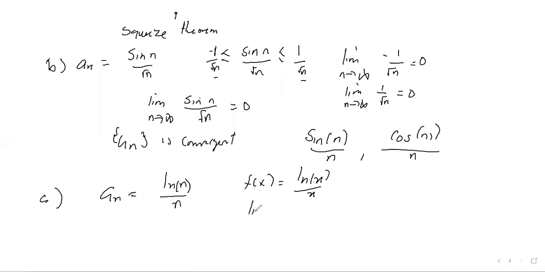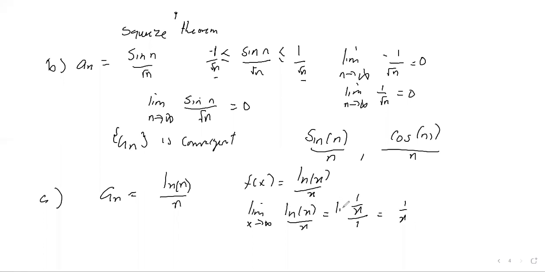If I get the limit as x goes to infinity of this function, what will happen is that if I apply L'Hopital's rule, I differentiate the upper part, I get 1 over x. Then I differentiate the down part, I get 1. So this will give me 1 over x as a derivative.